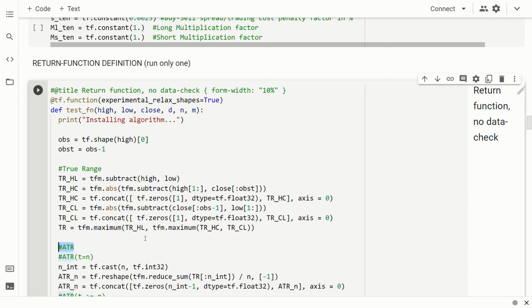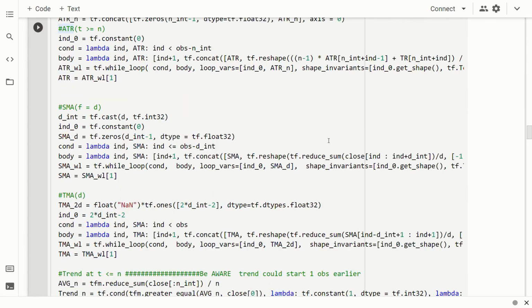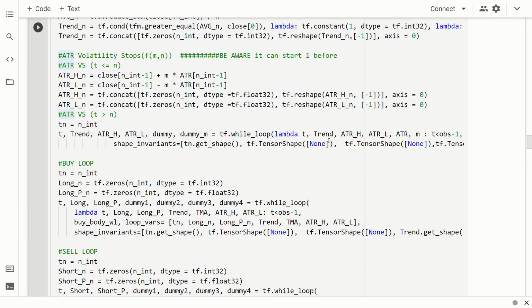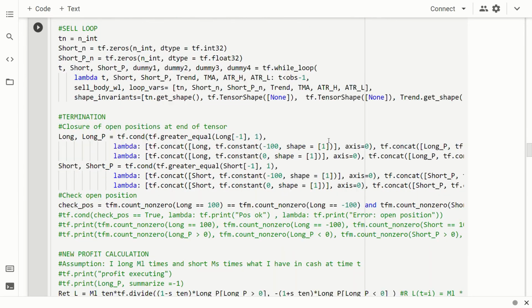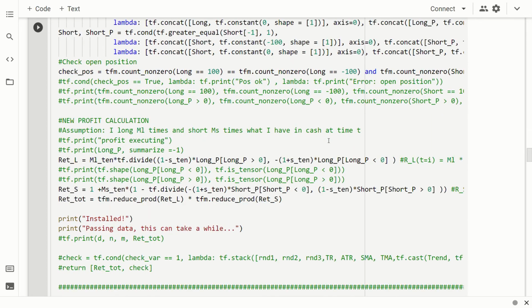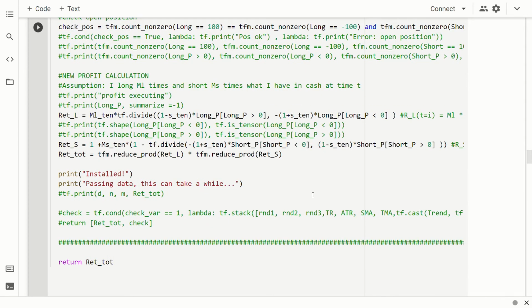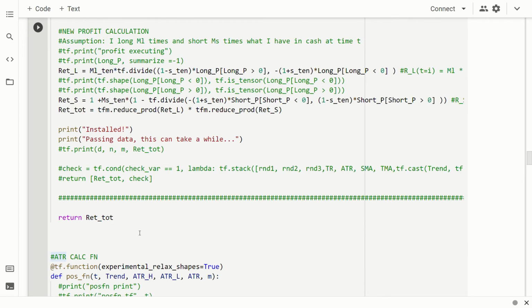So it's a bit more complicated, a bit longer, but that's needed by TensorFlow. Now I show you why I'm not going into every detail of this function, but in the end, this is what I will get.